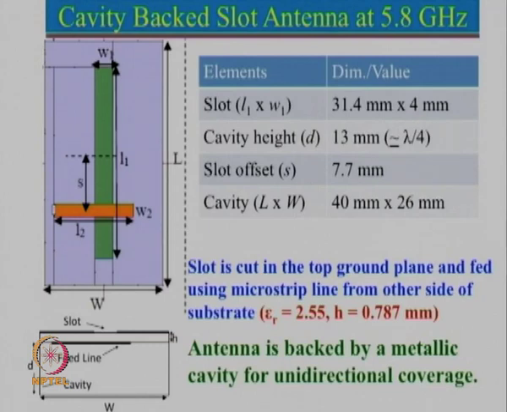But in a more simpler way, if you just take a metallic plate, we need not always have a slot antenna printed on a dielectric substrate. We can just have a simple metallic plate, we can cut a slot in this here, and then if we need to feed that, what simply we do, we take a coaxial cable, and for the coaxial cable the outer shield, which is a ground, will be soldered over here, and the center pin can be connected over here.